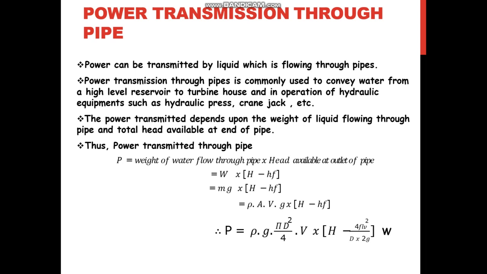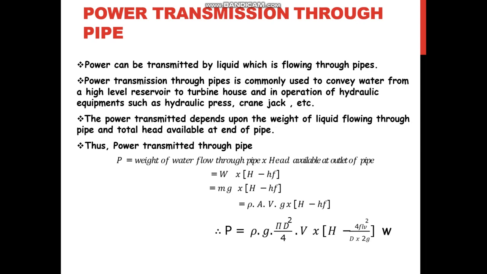Therefore, the power transmitted through the pipe, P, is equal to weight of water flowing through the pipe into head available at outlet of the pipe. Weight of water we call W, and head available is the difference between total head and the frictional head, that is capital H minus hf. But W is equal to m into g, where m is the mass of the water. But mass is also given by density into area into velocity of water.